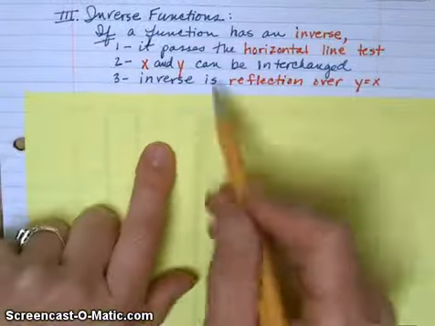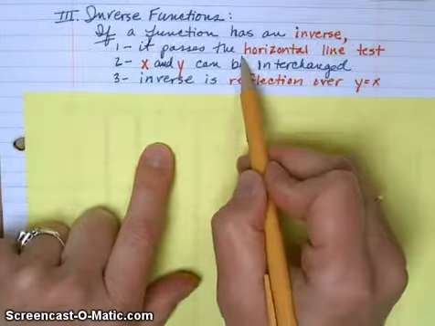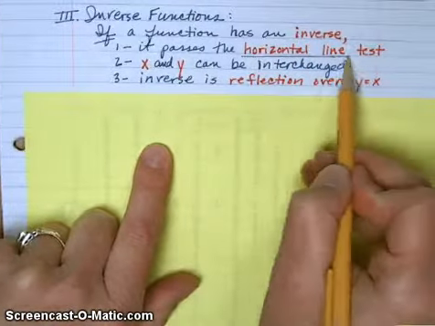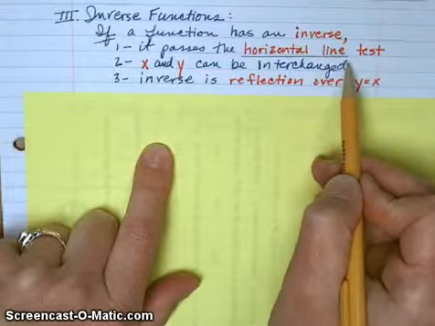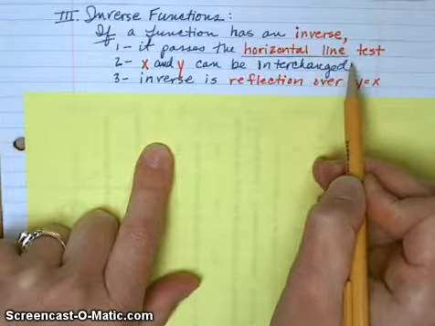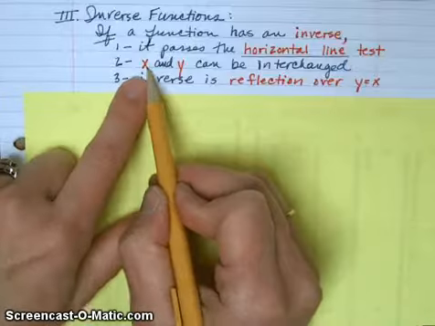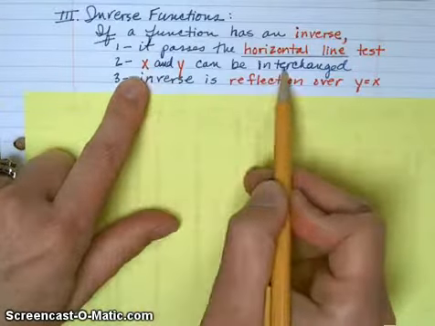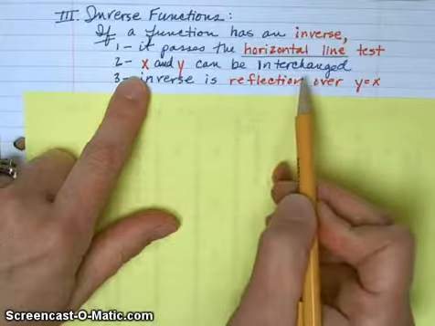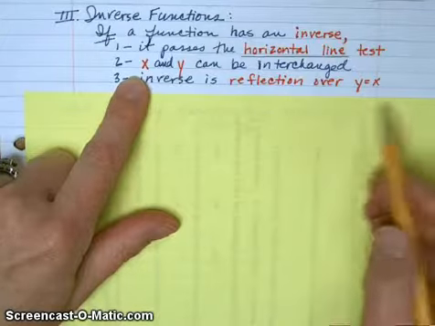If it has an inverse, the function passes the horizontal line test, meaning you can draw a horizontal line across that function and it only touches once. Number 2, the x and the y can be interchanged, meaning if I have a t-chart, I can just flip the x and the y, and I can get the new function.